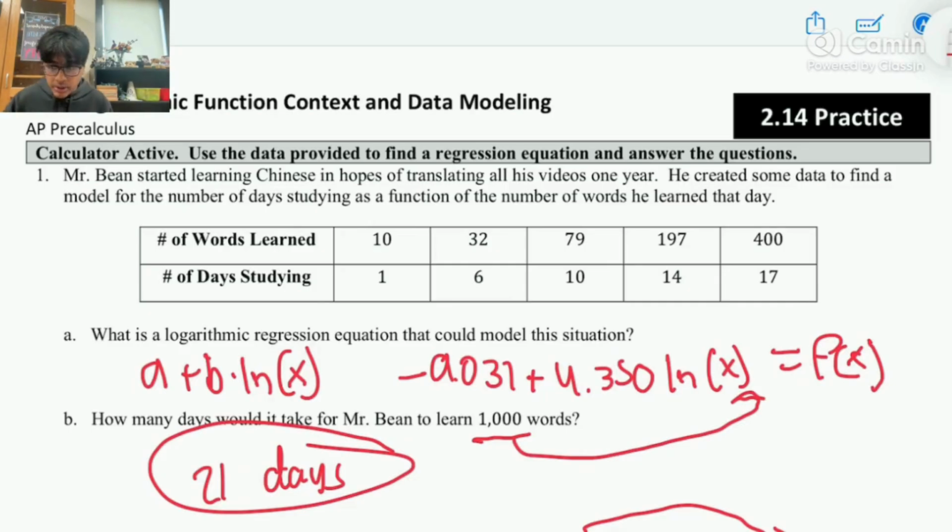Now we can divide by 4.350, and we get 15.869 equals ln of x.